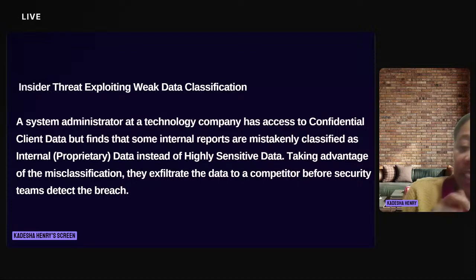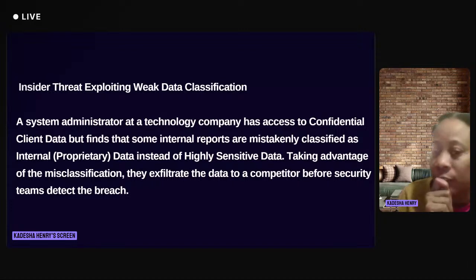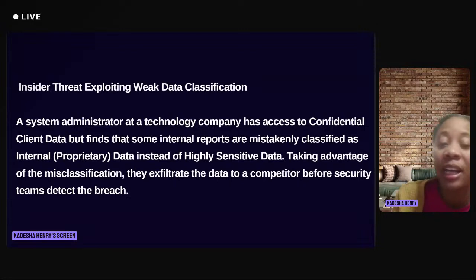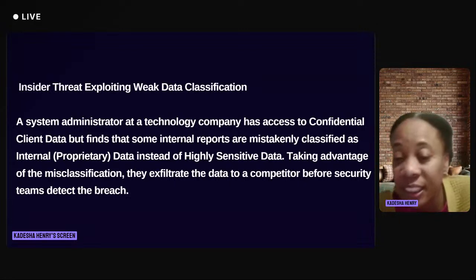So in this scenario, the system administrator, who has access to the confidential client data, finds out that some internal reports are mistakenly classified as internal data instead of highly sensitive data.